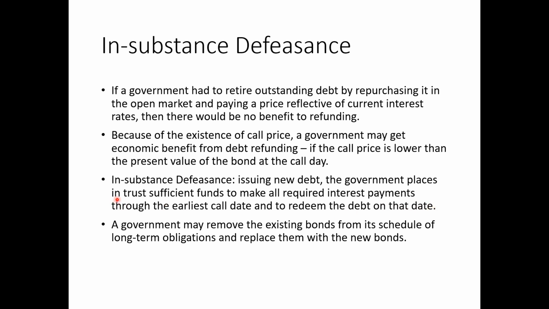This is called in substance defeasance. In other words, you borrow more money, then put it into a trust fund. Then you use the proceeds from the trust fund to pay interest payments and then pay the call price when the time arrives.